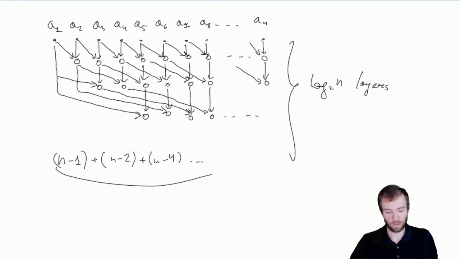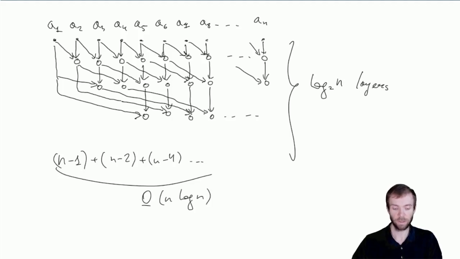And as we have a logarithmic number of terms in the sum, this would add up to something which is big O of n log n. So the depth of this generalized circuit is logarithmic in terms of the number of values for which we are computing the result. And the size of this circuit is big O of n log n.